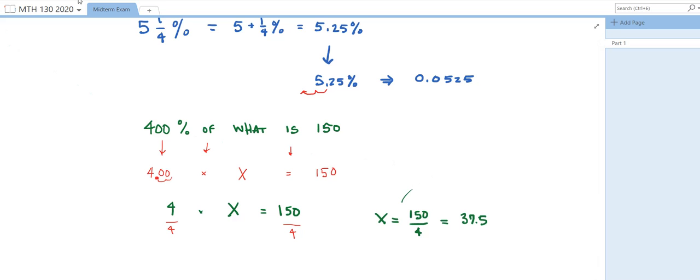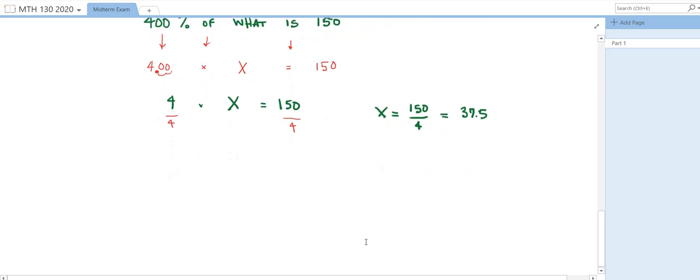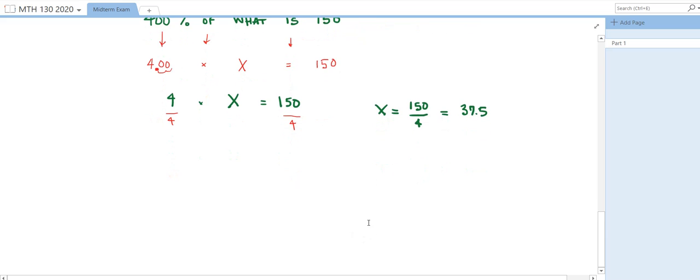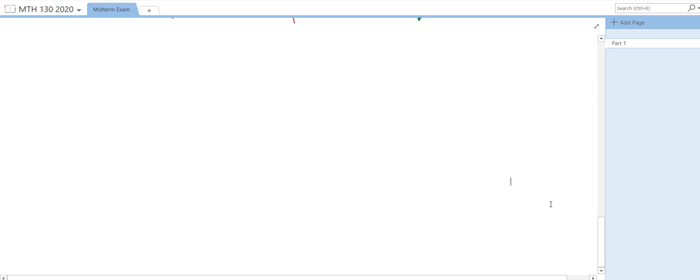Okay, the final types of problems we had involved Euclidean geometry. So we'll have questions that might involve triangles.